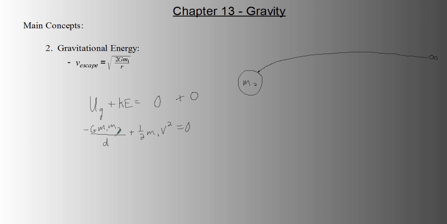Move this over because it's negative, solve for v, and you get v equals the square root of 2G m2 over d. Now these letters in the book are slightly different and maybe make a little more sense there. This is 2G capital M. The book likes to use capital M for a planet, which is typically the type of object you'll be launching off of. I'm going to put the mass of the Earth over the radius of the Earth, because you'd be launching at the Earth's surface, so you need the radius of the Earth considered.